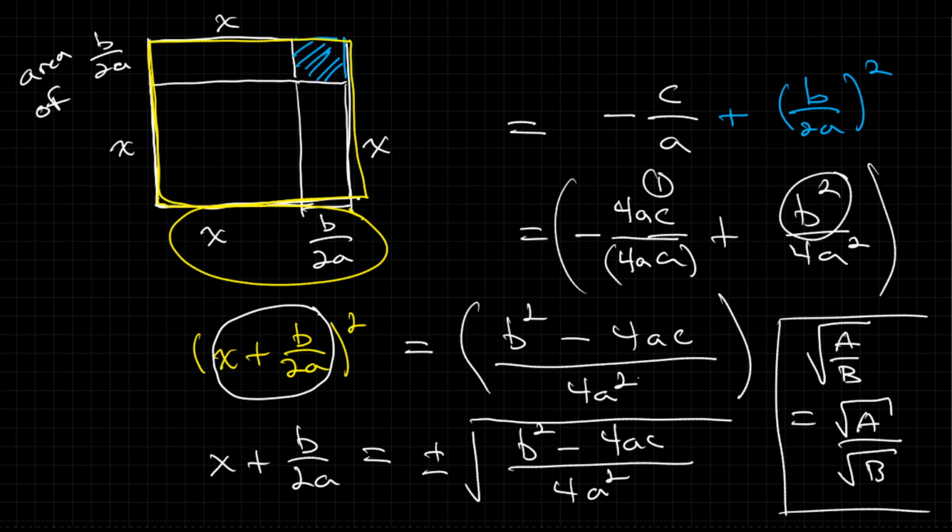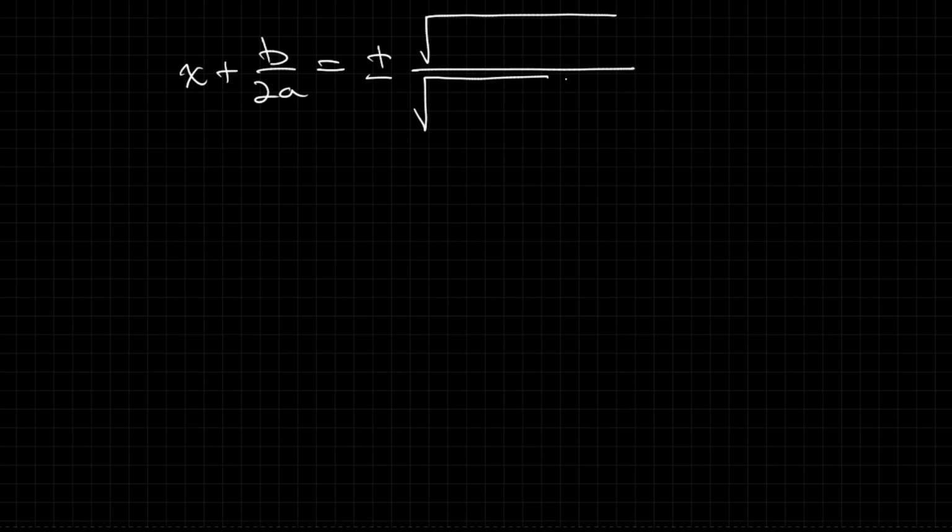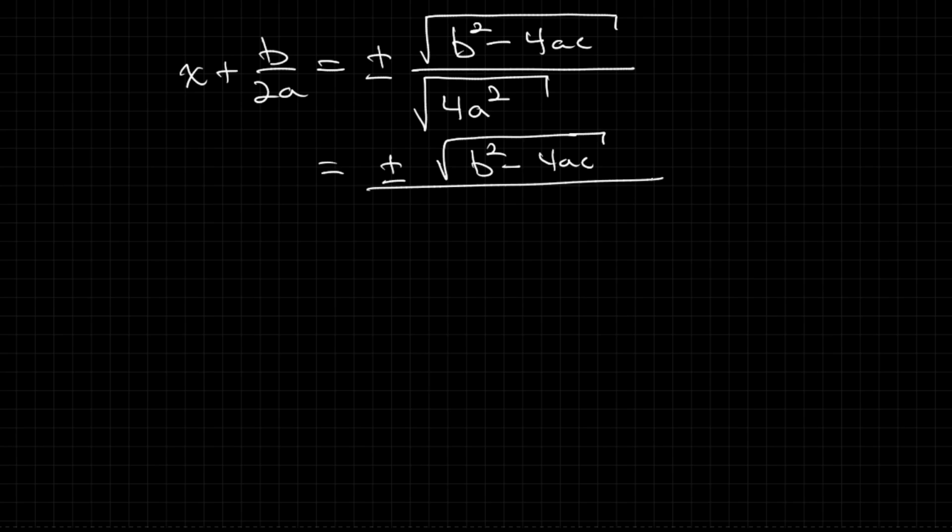And so I can rewrite this as x plus b over 2a equals plus or minus one square root over another, where the denominator has the square root of 4a squared, and the numerator has the square root of b squared minus 4ac. And the square root of 4a squared is just 2a. So this is plus or minus the square root of b squared minus 4ac all divided by 2a.